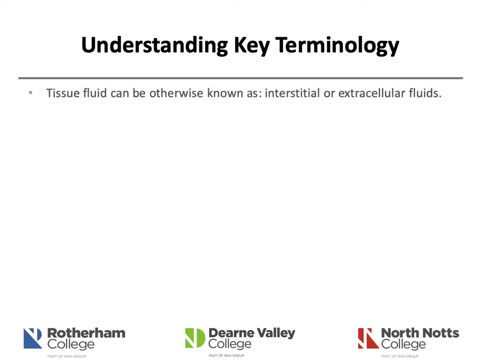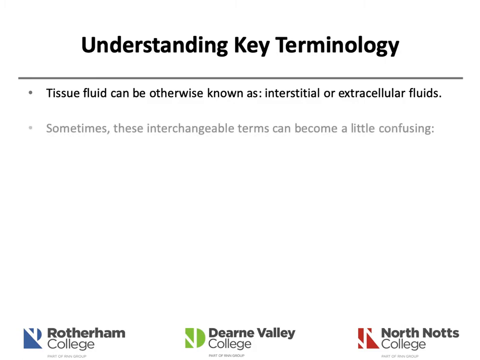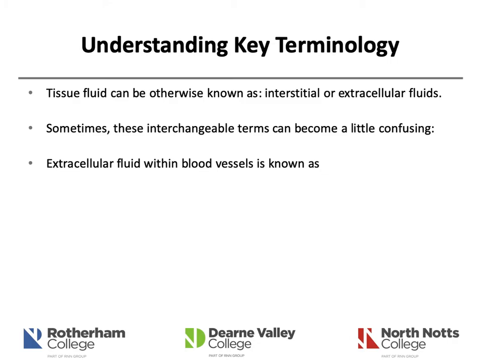So understanding key terminology. Tissue fluid can otherwise be known as interstitial or extracellular fluid. Now sometimes if we do call tissue fluid an extracellular fluid, we can confuse terms with other extracellular fluids. Extracellular fluid within blood vessels, for example, is known as blood plasma. Ultimately, extracellular means outside of a cell.